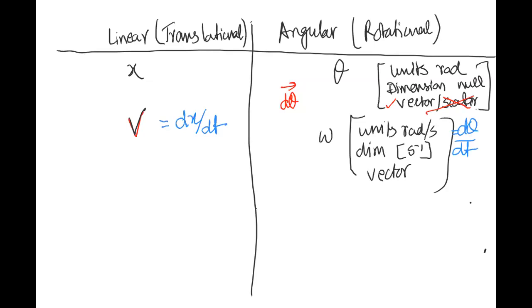Question number 3. What is the direction of omega? No, the dimension of angle is null, wait. Angle has no dimension. What is the direction of omega?